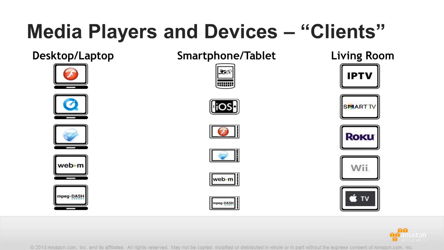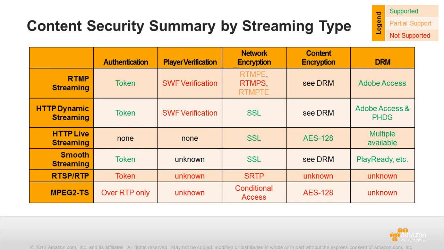It's a huge challenge to figure out which of those players and devices you need to support, what the optimal protocols and formats are, and you really want to maximize the reach for your content. So it's a question of complexity versus reach, and I'm not going to dive deeper into that right now, but it's something you need to consider as you're thinking about your media workflow and that end user experience.